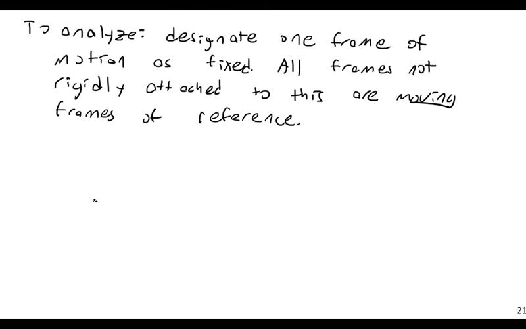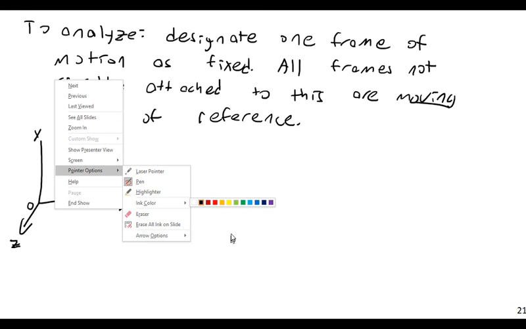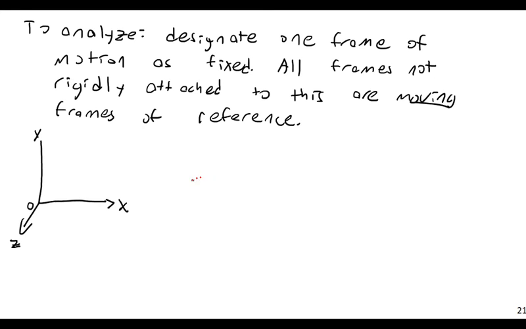Okay. So if I were going to draw this out, it would look something like this. We might have X, Y, and Z, and O, and then our reference frame, where our origin is actually moving. So our origin may move along with the new coordinate system, X prime, Y prime, and Z prime, but I still consider it as fixed.